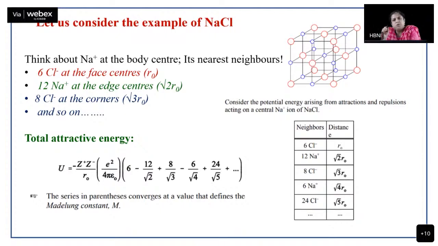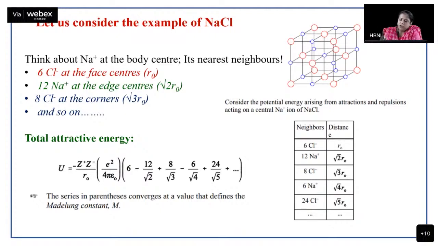If I have sodium at the body center, I should also have sodium at the edge centers, that is 12 of them. And then I should have chlorine at face centers and corners. So chlorine forms the FCC lattice and sodium occupies the octahedral holes, which are the body center and edge centers.